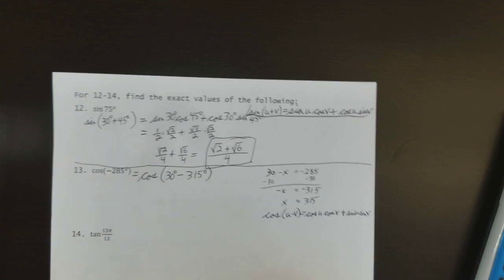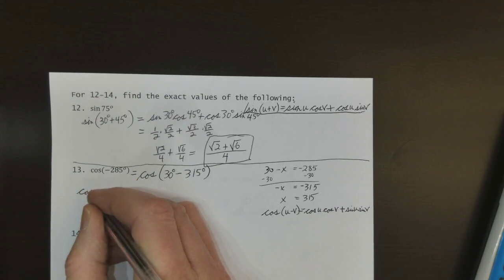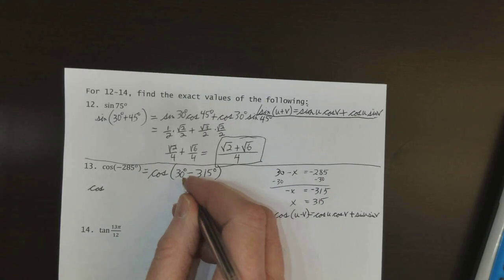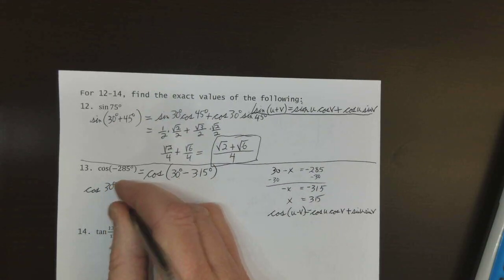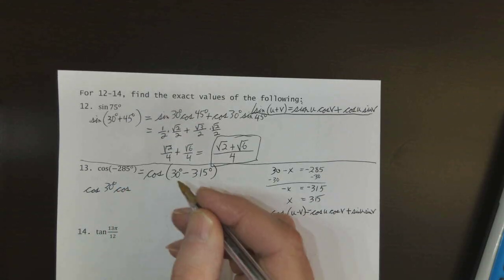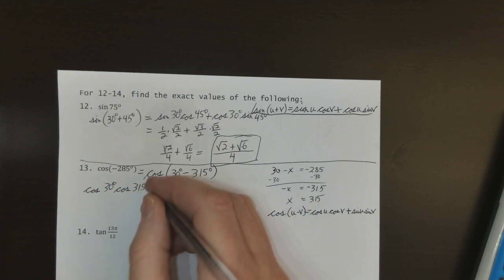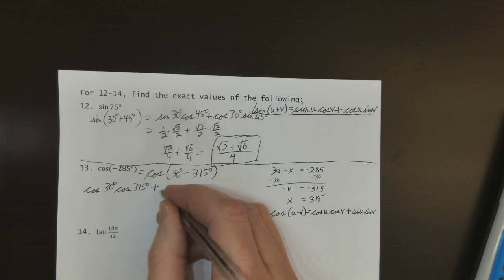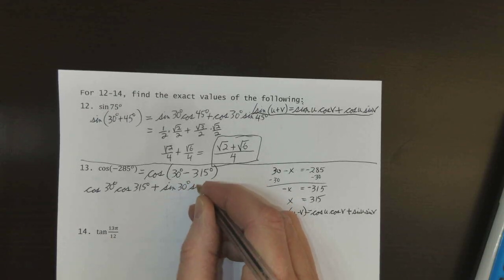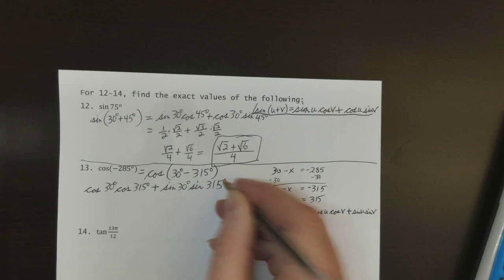So I'm going to take the cosine of 30 degrees times the cosine of 315 degrees plus the sine of 30 degrees times the sine of 315 degrees.